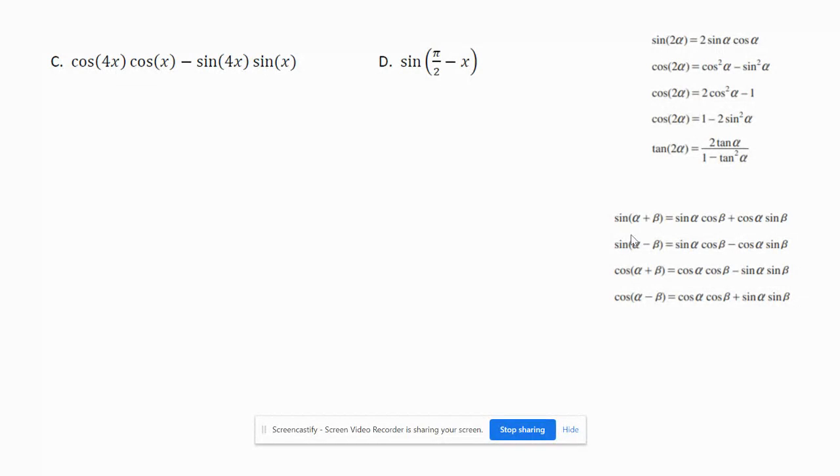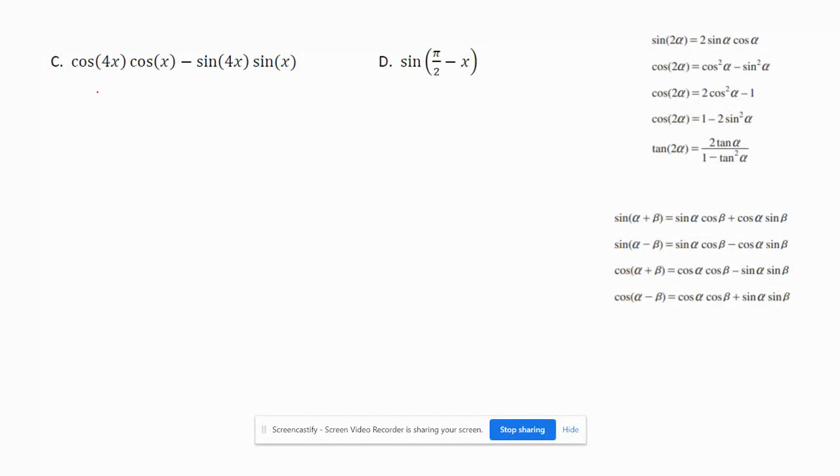For example C, we have cos 4x cos x minus sine 4x sine x over here. We're going to be able to simplify this trig expression. I included my addition and subtraction identities over here.